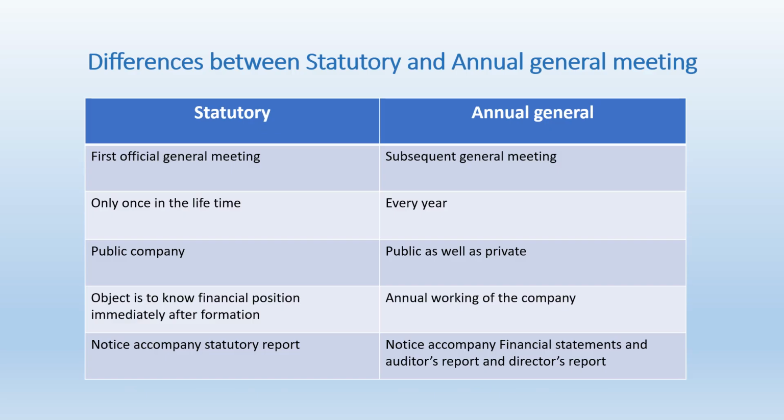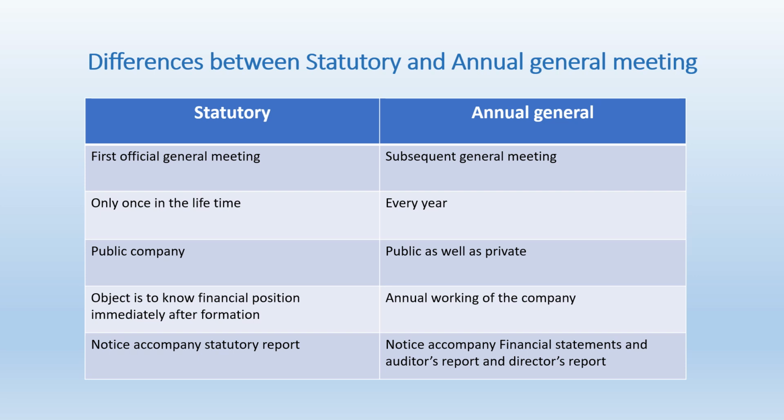As we have discussed the various types of meetings, now let us discuss their differences. First, differences between statutory meeting and annual general meeting. The statutory meeting is the first official general meeting of the shareholders of the company, whereas the annual general meetings are the subsequent general meetings of the shareholders of the company.